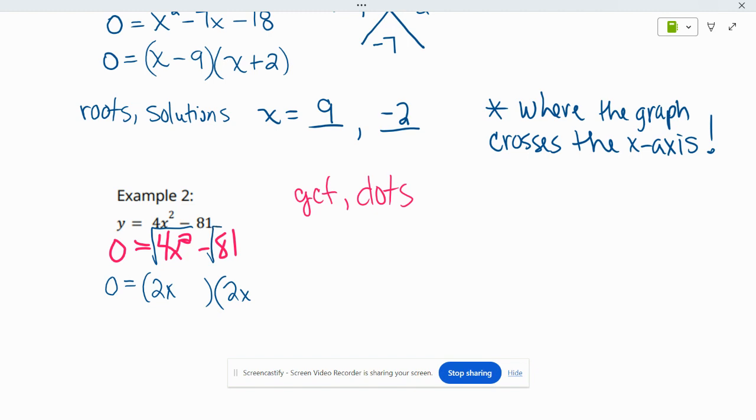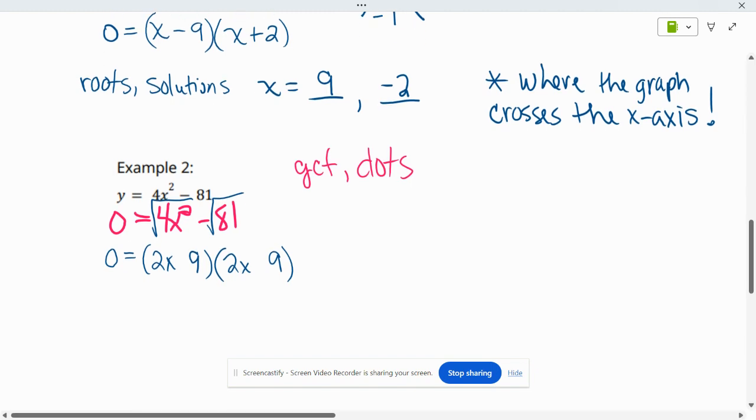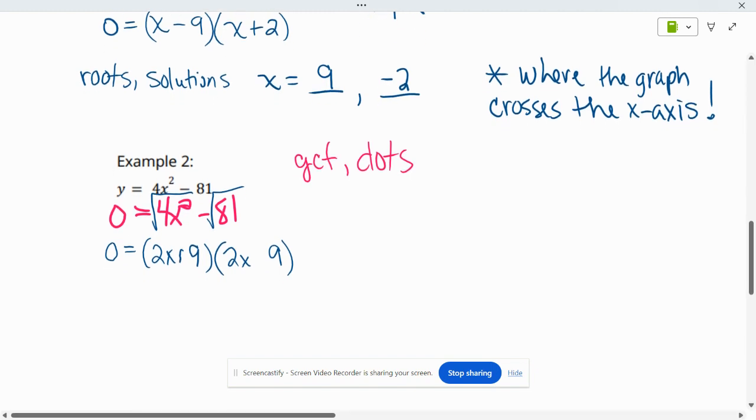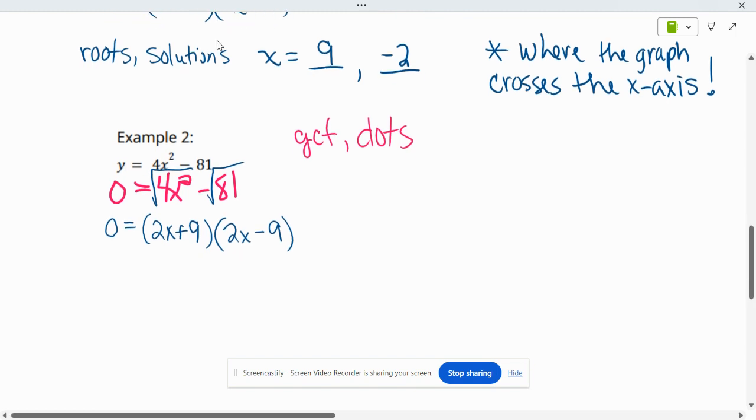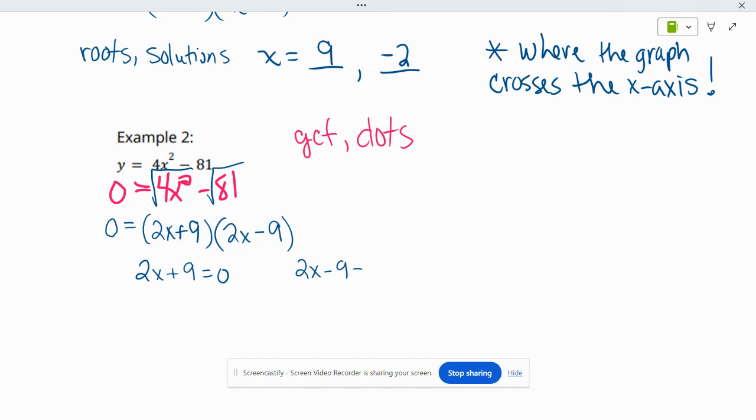What is the square root of 81? It's 9. What do I put in the middle of my factors? A plus and a minus. So what does that mean? Well, that means that either 2x plus 9 equals 0 or 2x minus 9 equals 0.